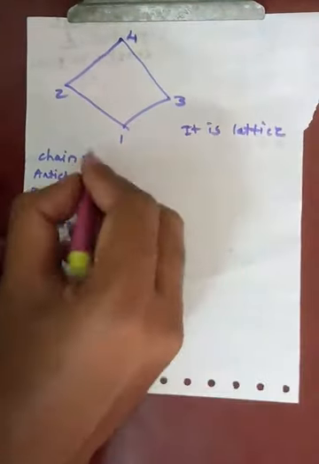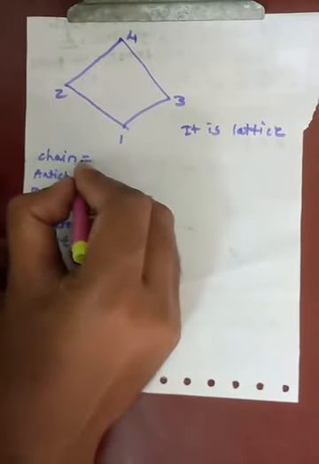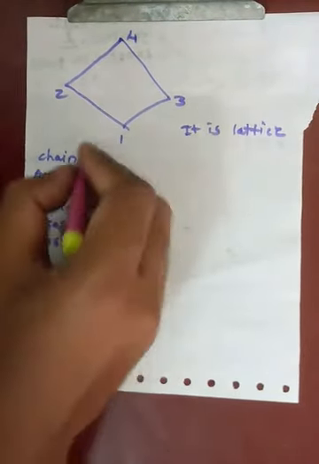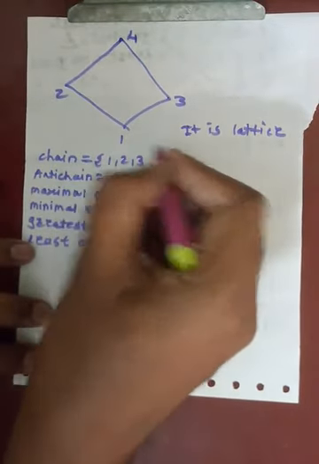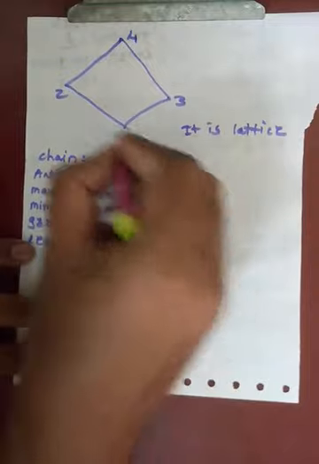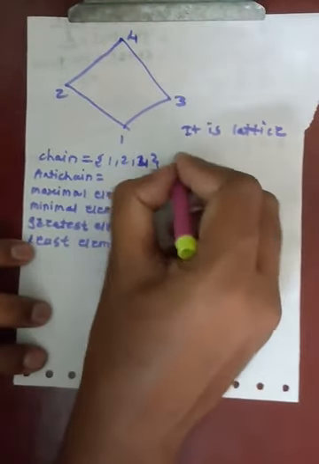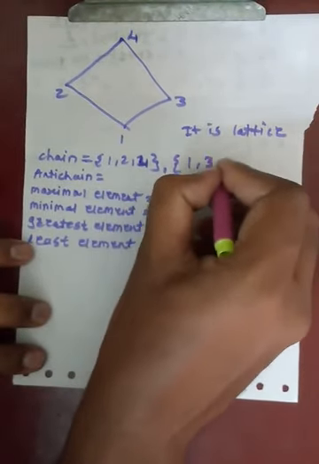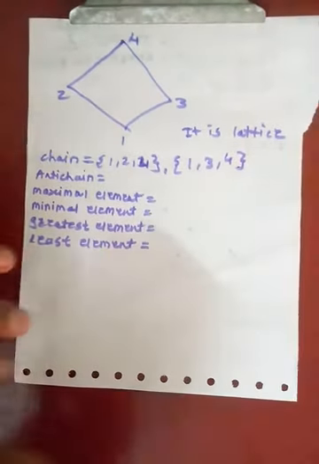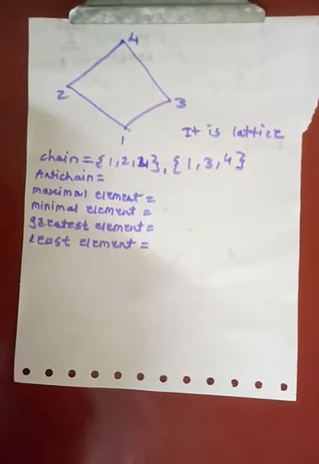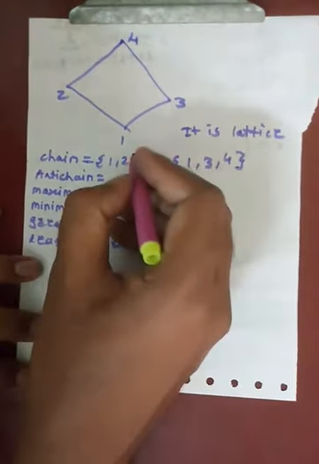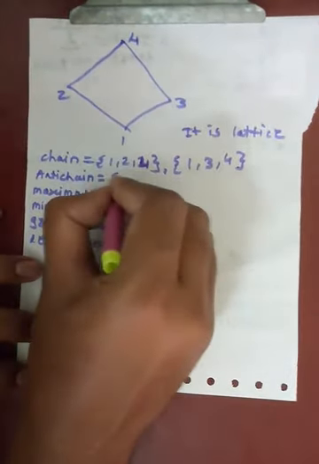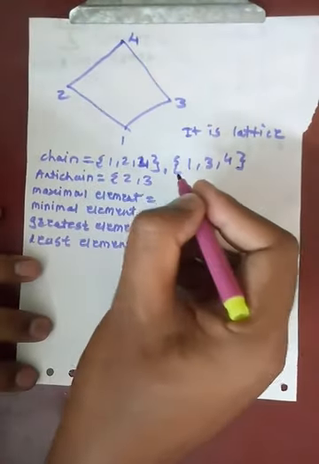So from that lattice, find out the chains. The chains are 1, 2, 4 and the second one is 1, 3, 4, right? From that, the anti-chain is 2 comma 3, right? That is the non-related pair.